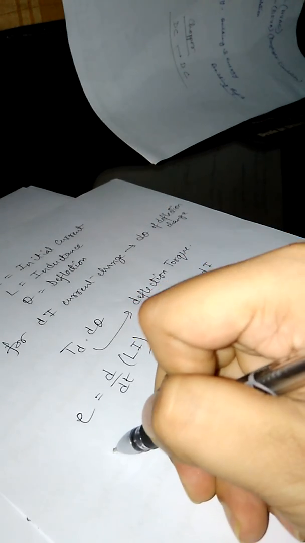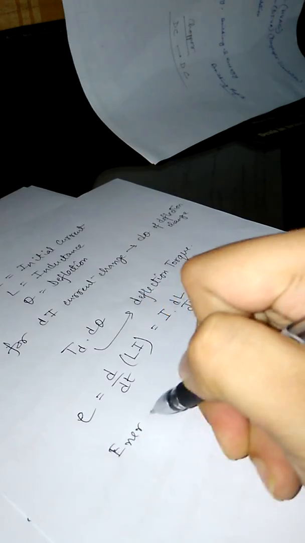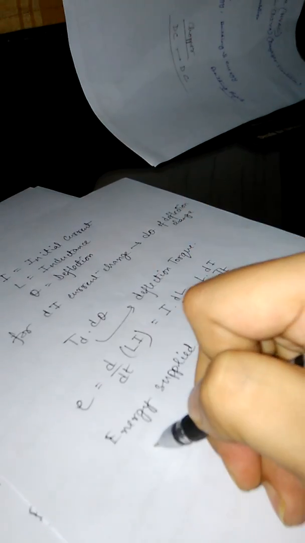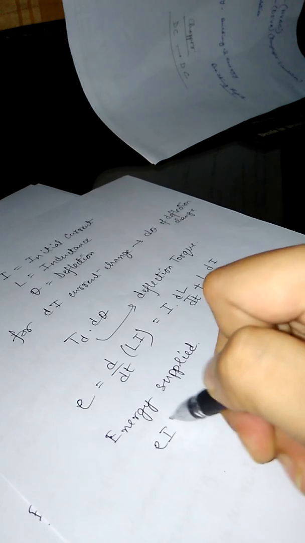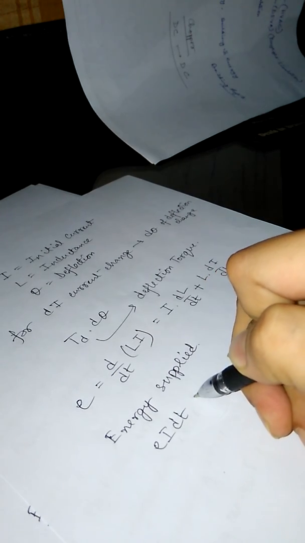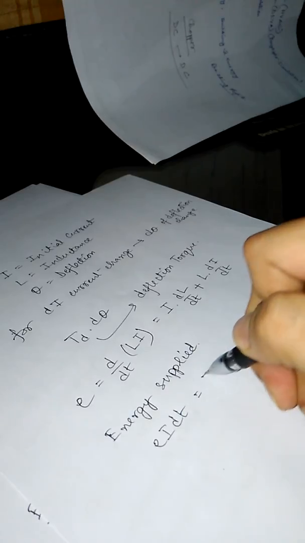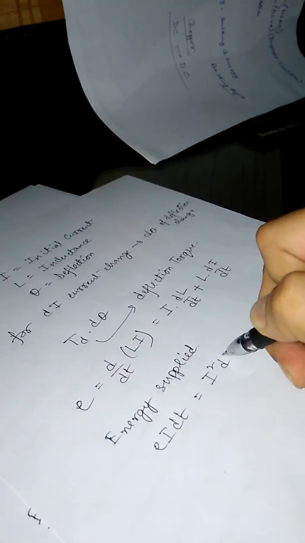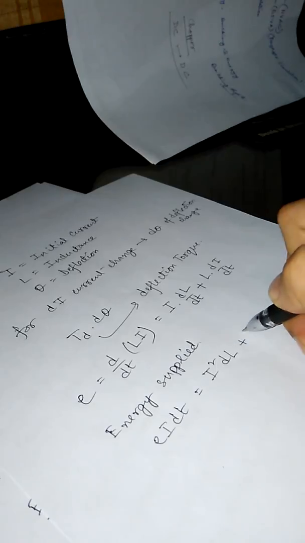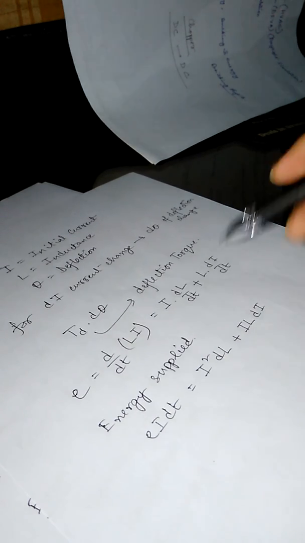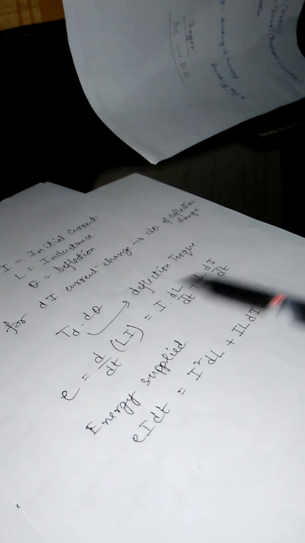When we consider the energy supplied, obviously electrical energy, the energy supplied equals E I dt, that is equal to I square dL plus IL dI, because this is the equation.